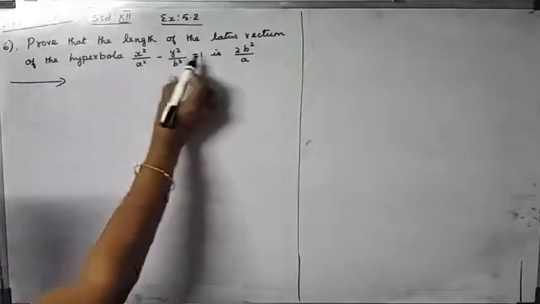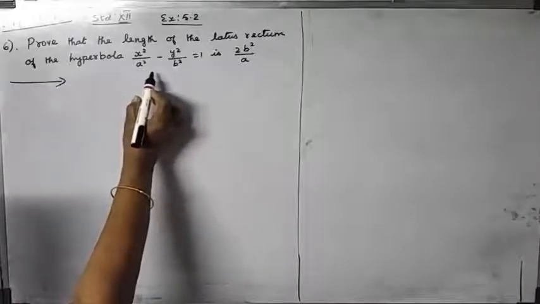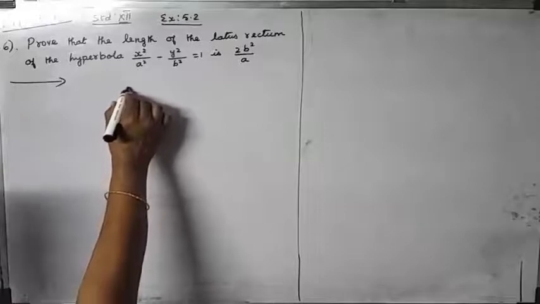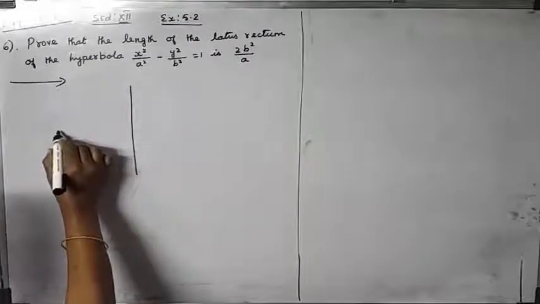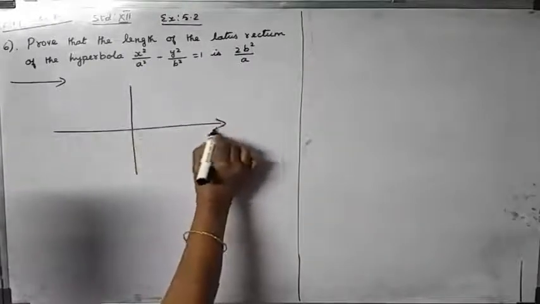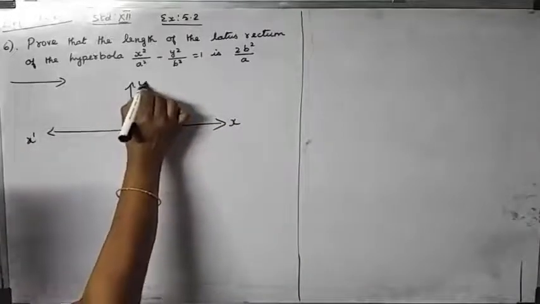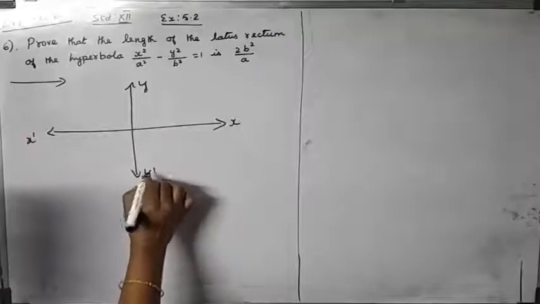So from this equation I can understand that the transverse axis is the x-axis. Let me draw the hyperbola at first. So this is the x-axis and this is the y-axis.